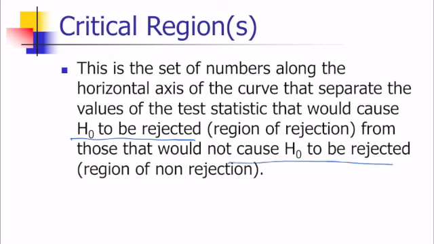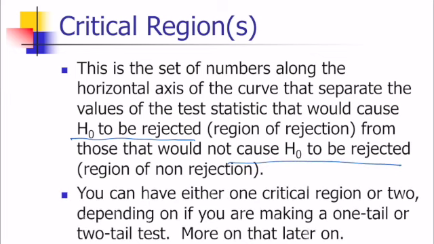You can have either one critical region or two, depending upon whether we're making a one-tailed or a two-tailed test. We'll talk about that later on. But just to clarify some things, tails refers to the ends of our normal curve. Here I have my left tail, here I have my right tail. Left tail would be for, say, mean is less than some given proportion. Right would be for mean is greater than.